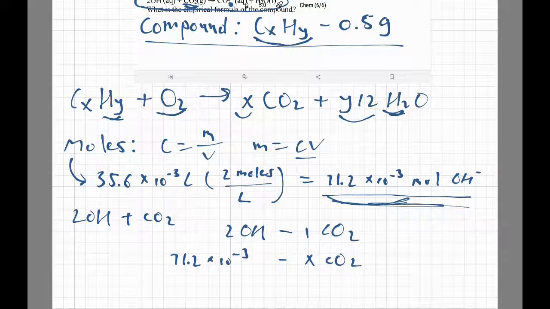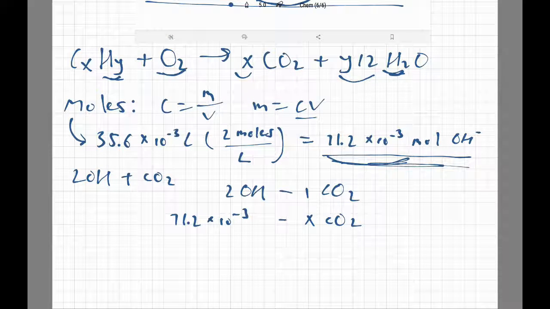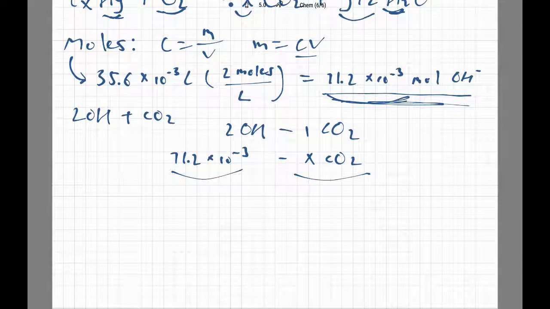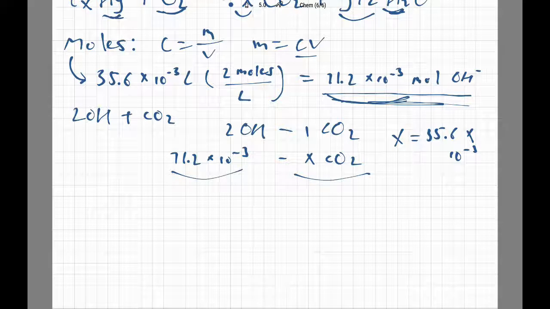Okay, hopefully this is easy, right? If 2 moles react with 1 mole of carbon dioxide, then only half of this will form carbon dioxide. So if you just do the cross multiplication and solve for X, you're going to see that the amount of carbon dioxide is just 35.6 times 10 to negative 3 moles.